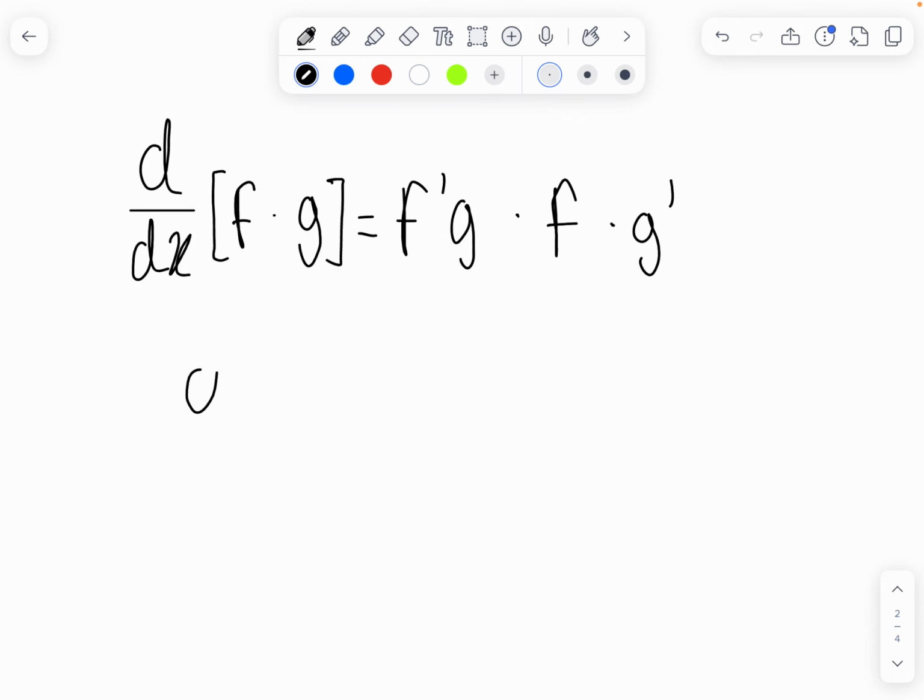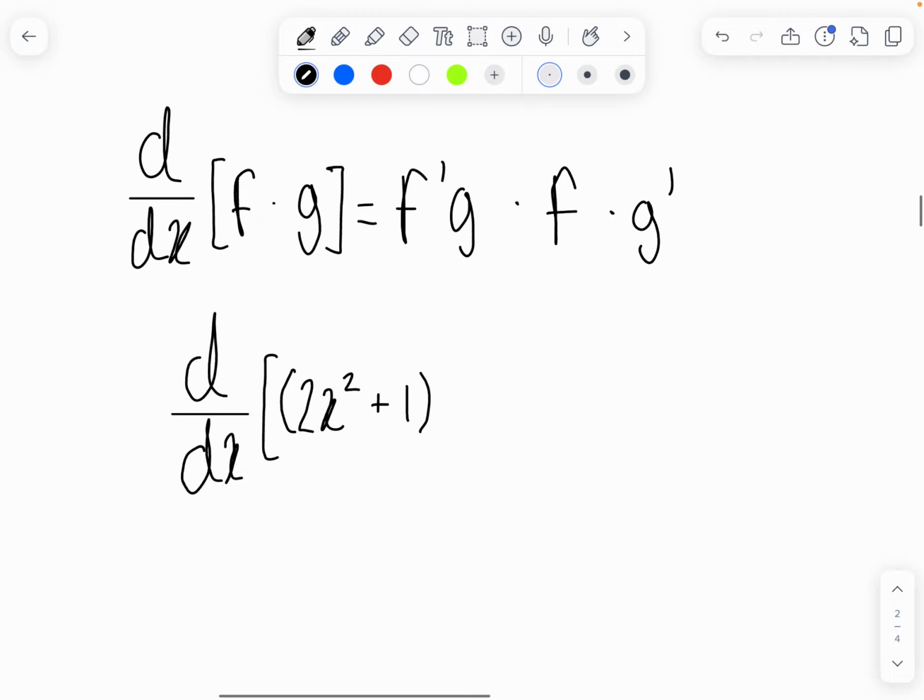So what is d over dx of 2x squared plus 1 times x cubed minus 4? Now, I know you can FOIL this, but I want you to try and use the product rule, because the product rule is much faster. Okay, pause the video and try and solve it.